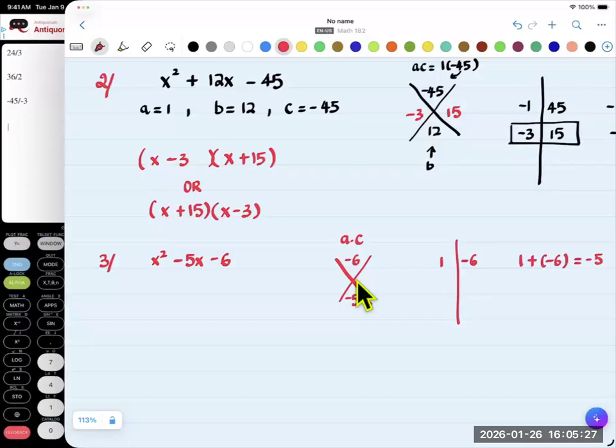So the two numbers are 1 and -6. We fill in the factor form, which is x, and then just carry whatever we have: plus 1, and -6.